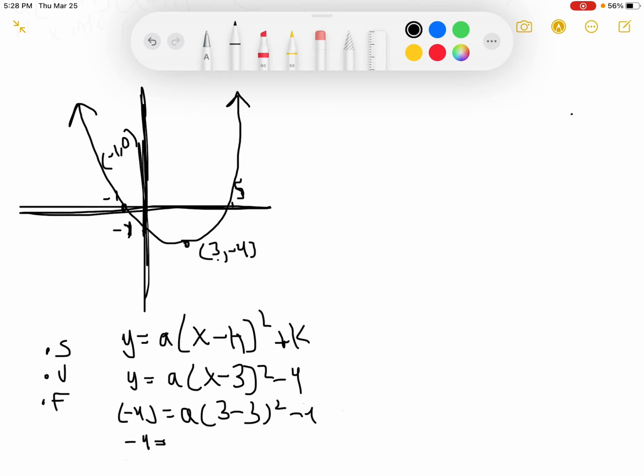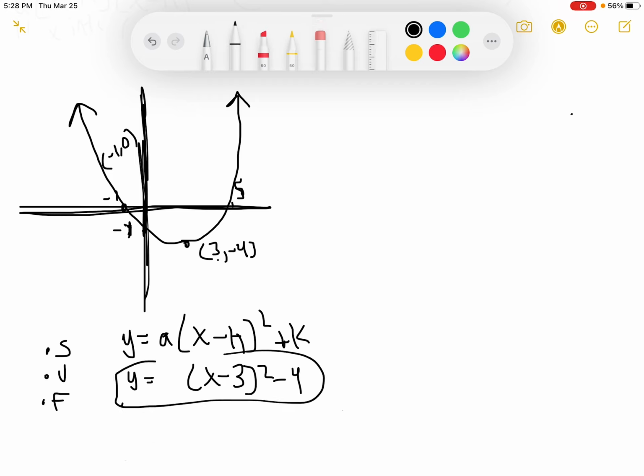So -4 is -4a. That would make a 1. So there we go. That's better. Sorry about that. So a is 1. That really means you just don't even need to put anything there for a. So that means, let's erase all this, that this is our full equation. So that's what the equation is if we did in vertex form.